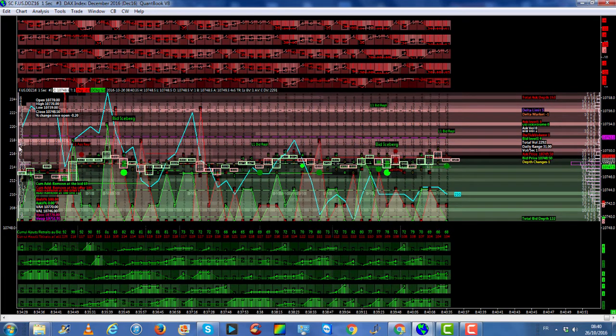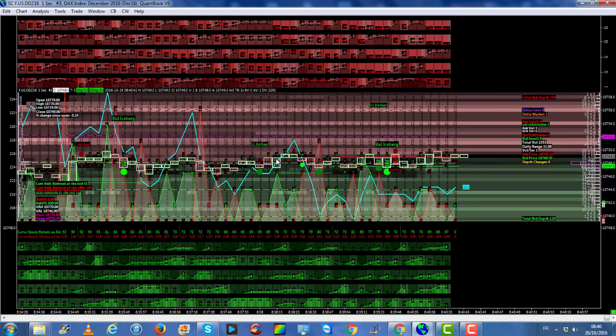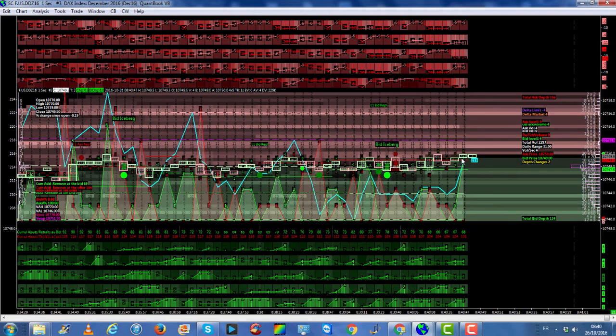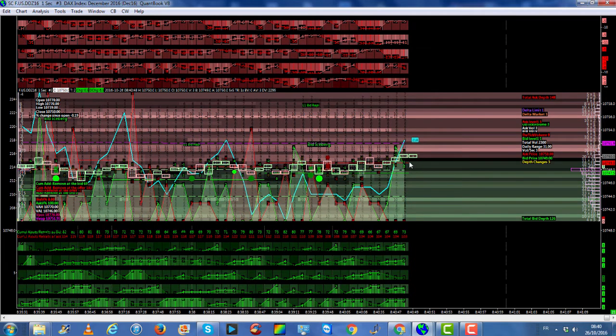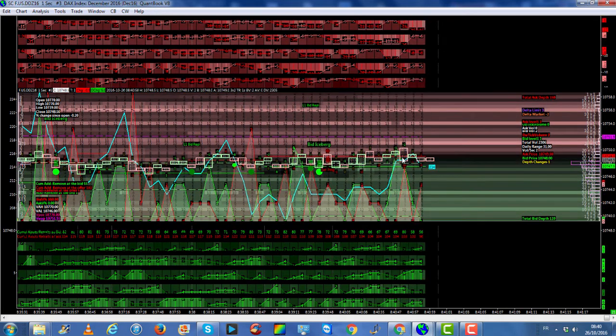In the middle of the chart, you can see the price action, the price movement. You can see the price go up and the price go down. And in each bar on your screen, you can get the volume.